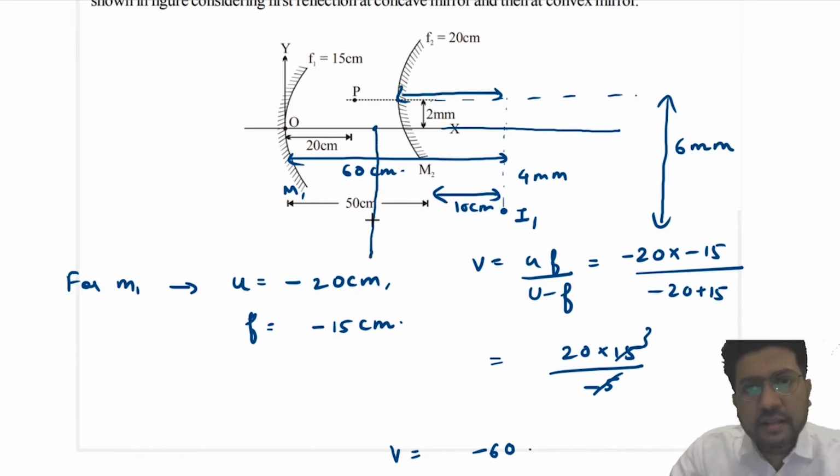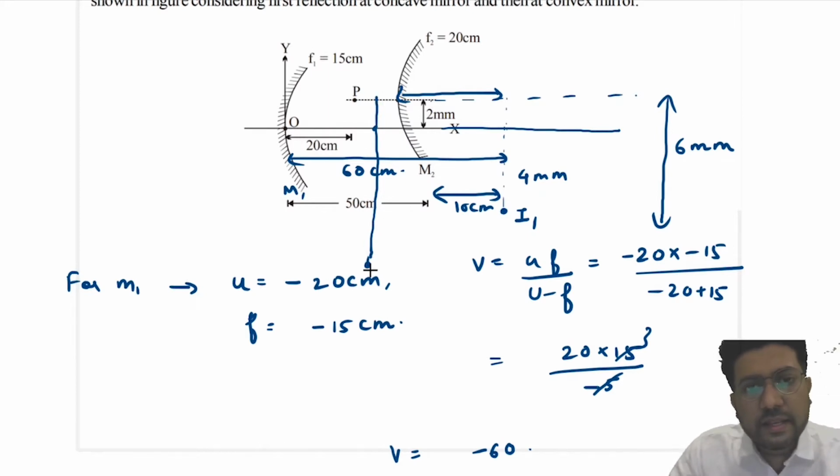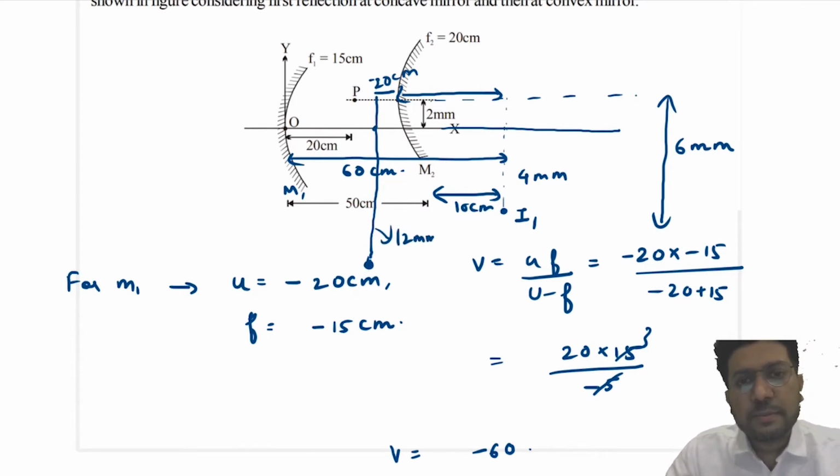So see, this was 6 millimeter. Now this image will be here at a distance of 20 centimeter and 12 millimeter in height. Object was downwards, image will also be downwards. Why? Because it is erect. So this length is 12 millimeter.